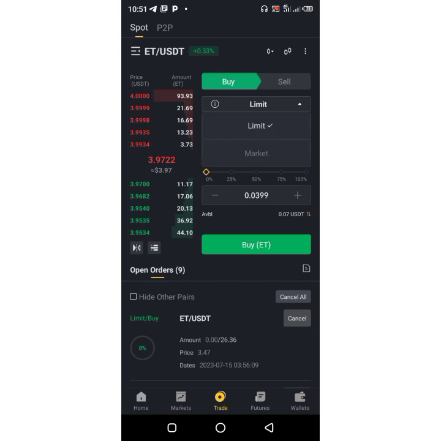Take a look at the market price. This market price is telling us that you want to sell at the market price. But the only disadvantage is that if you choose market price and you want to sell, maybe the market is at 3.9727 now. You think you want to sell at this particular price. No, you will actually sell at 3.9700, because that is the price buyers are willing to pay.